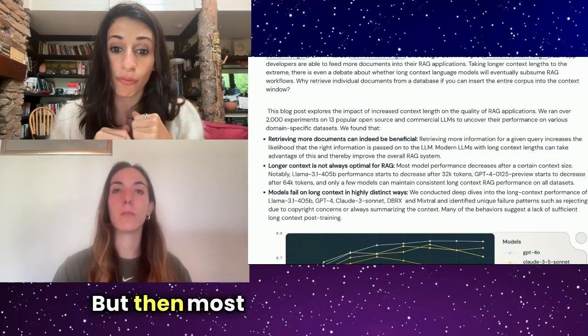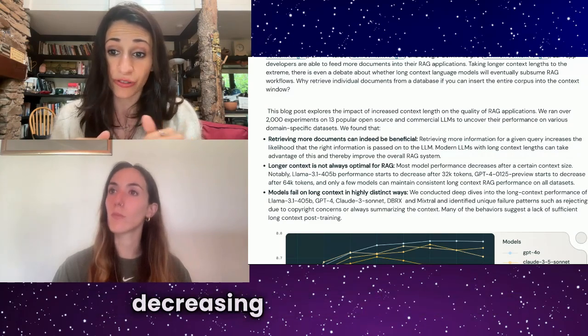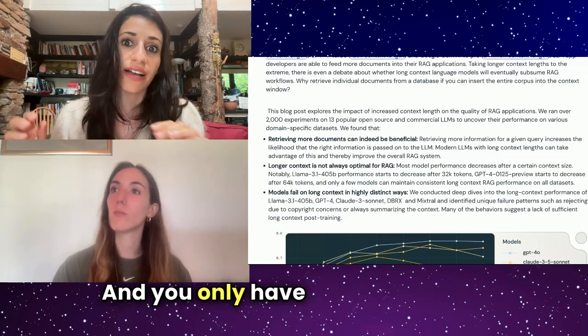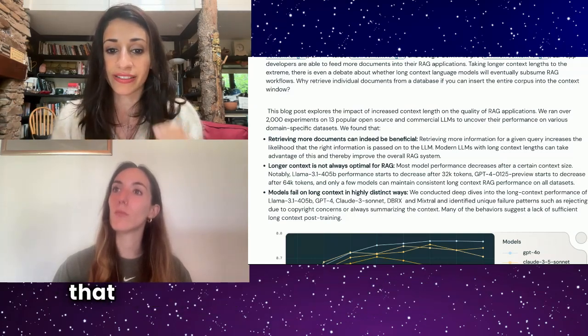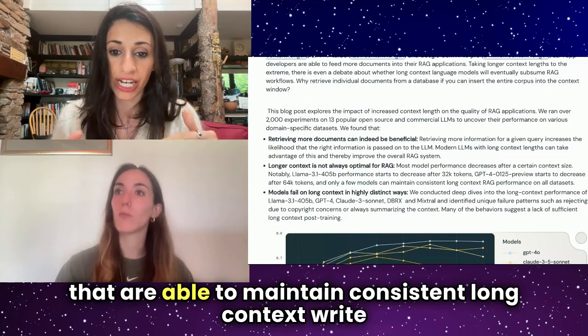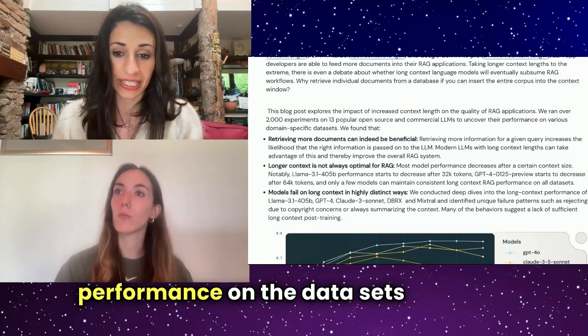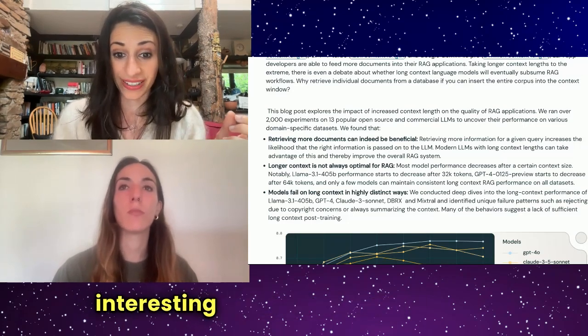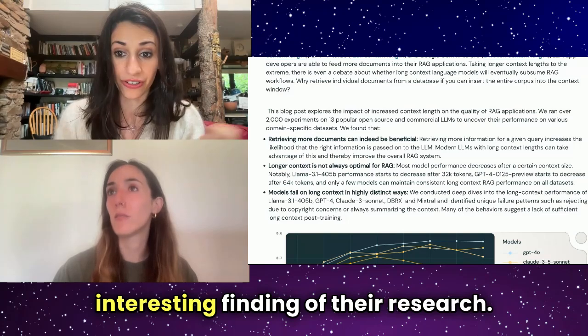But then for most of the models, it starts decreasing after 32K or 64K. And you only have a handful of models that are able to maintain consistent long context RAG performance on the data sets that they evaluated on. So this is also a very interesting finding of their research.